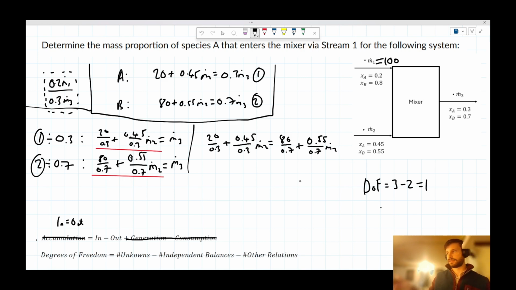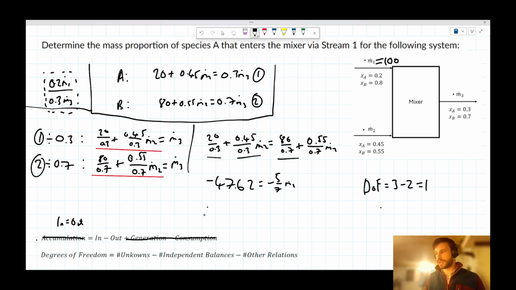I could say this effectively, and when I subtract this from both sides, what I'll land on is something that looks like this, where I have minus 47.62 is equal to minus 5/7 of M2.